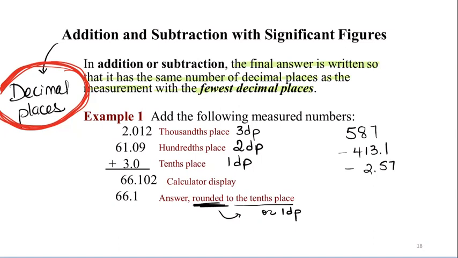So if you go to your calculator and you enter 587 minus 413.1 minus 2.57, what did people get? Let's put it in the chat.